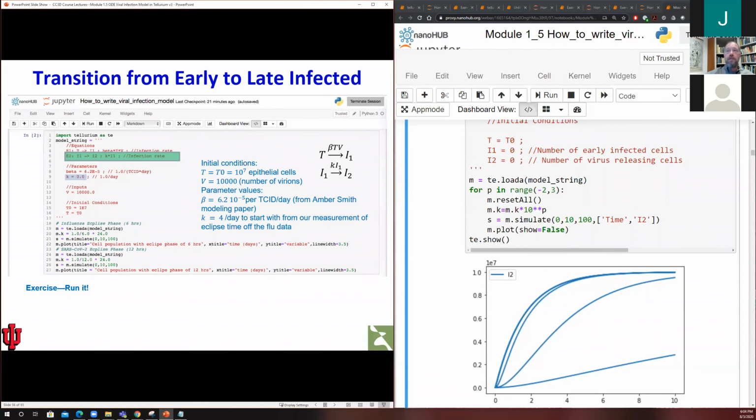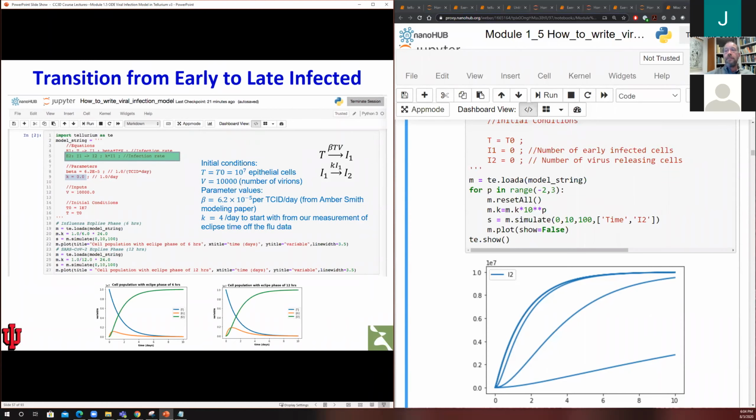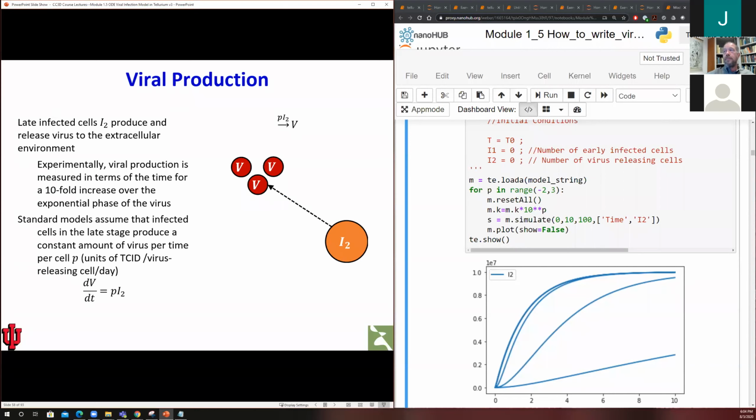So this was actually doing that simulation. We saw these results already. And we made beta change over a huge range here. We made it go by factors of 10. In reality, we know that beta, the K value, doesn't change that much.